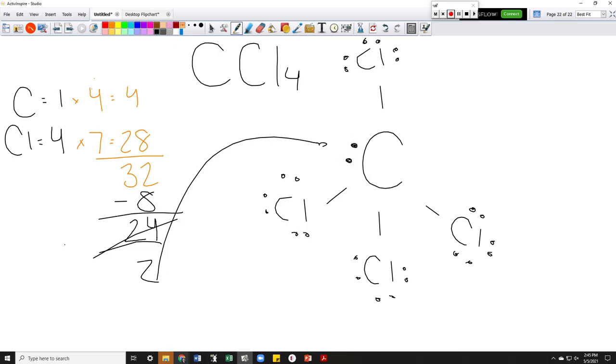Is that a lone pair? Then it would be 4 and 1. Let's pretend that I had 4 left over. I'd have to stick 2 more over here, right? That would be 4 and 2. Okay, so wait, I have a question. Each of the 2 dots, like, that's 1 pair. It's a pair of dots, right? You wear a pair of shoes, a pair of dots. It comes in pairs. Okay?